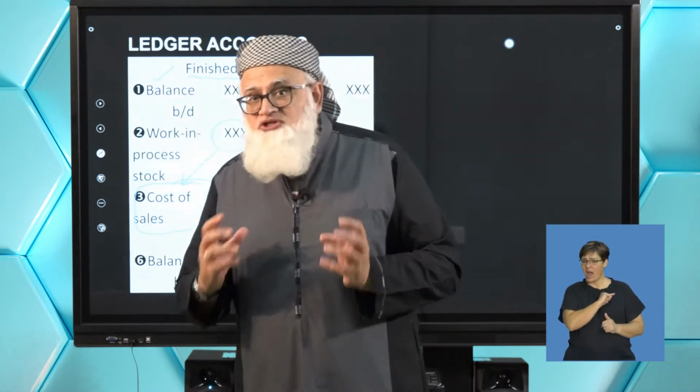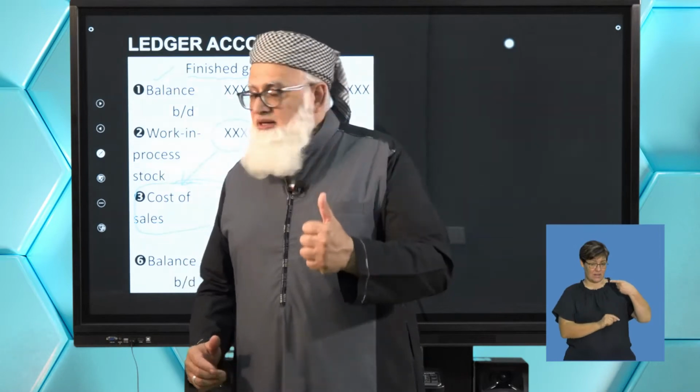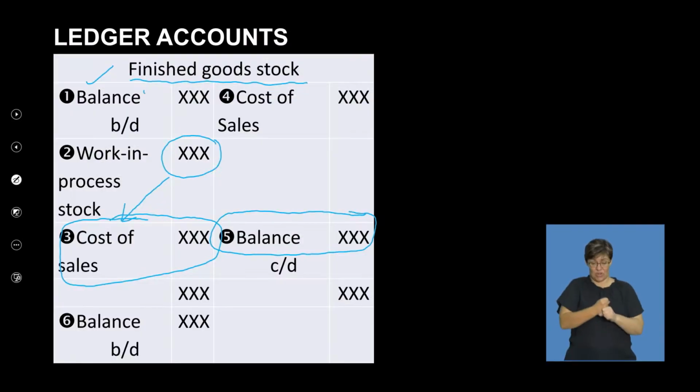Because of the importance of this account, allow me to recap. One, your balance at the beginning of the year, the goods on your shelves when you walked into your showroom. Number two, the goods that were produced this year. Linking it to your work in process account, a debit to finished goods stock, a credit to work in process, and that's the value of the goods that were manufactured this year.